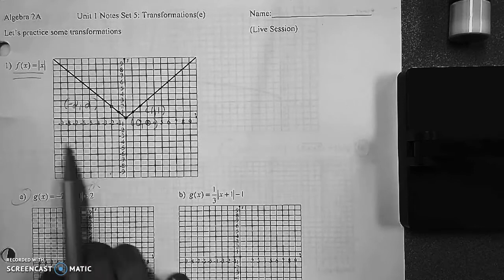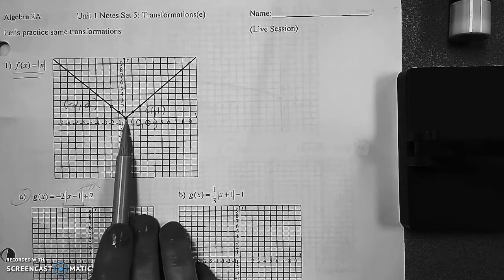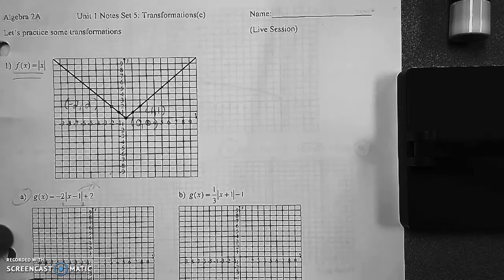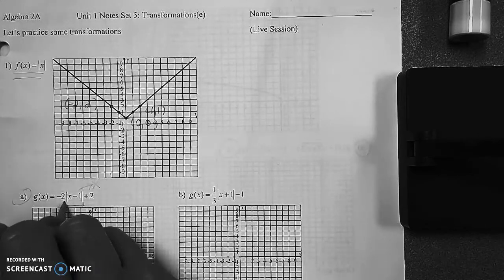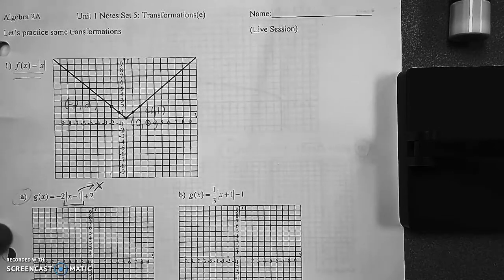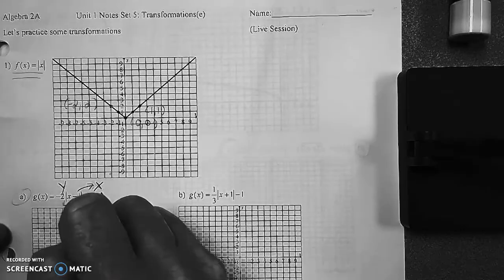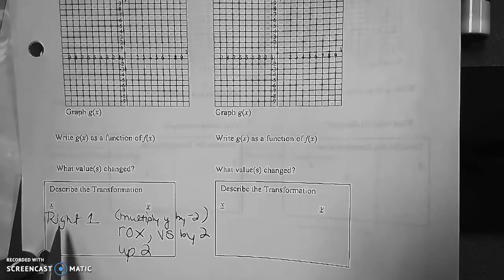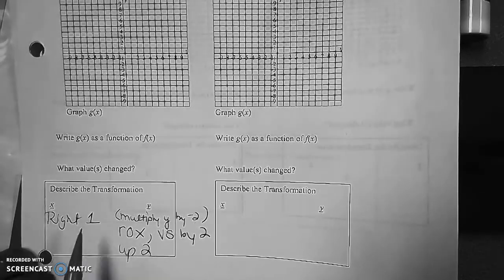I think we went over our parent function and we said we have the points (0, 0), (1, 1), (-2, 2). We also commented that things inside the function change our x's, and things outside change our y's. So the x minus 1, remember x's lie to you, goes right 1.